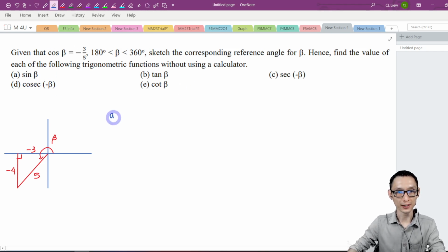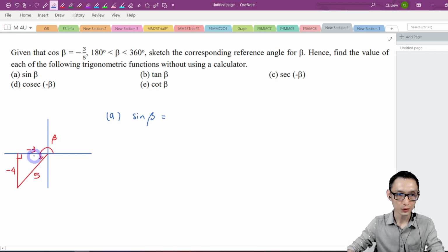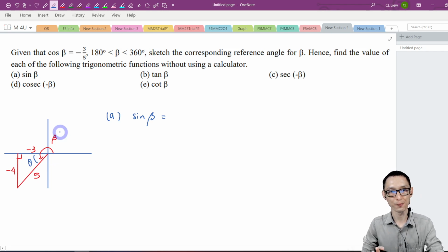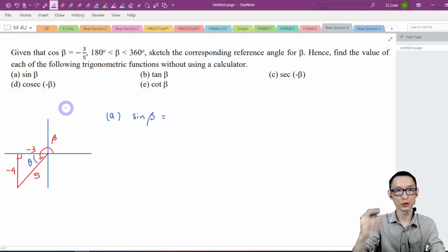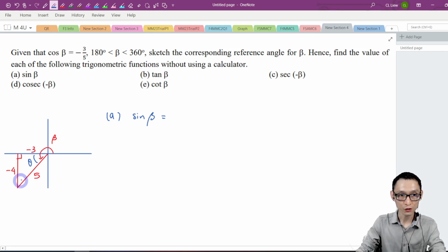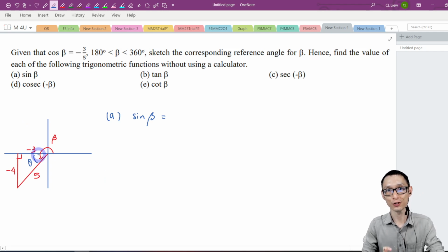Let's look at A. Sine beta. Just refer to this diagram. So now you just focus on this triangle. Forget about the rest. You don't have to use the ASTC rules to help you now. You just refer to this triangle and you will be able to get all the answers correctly.